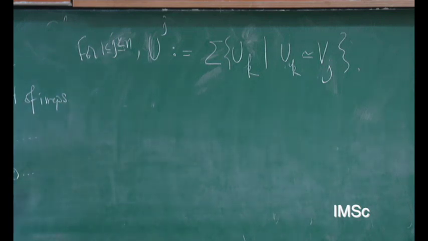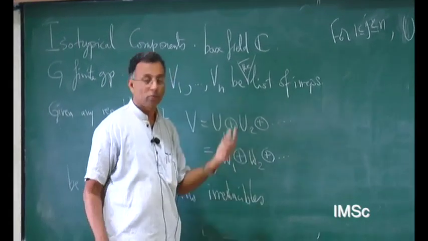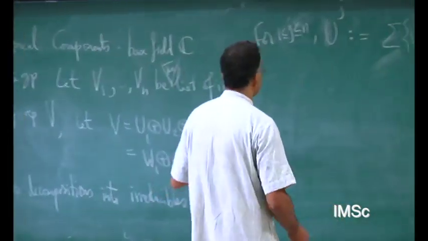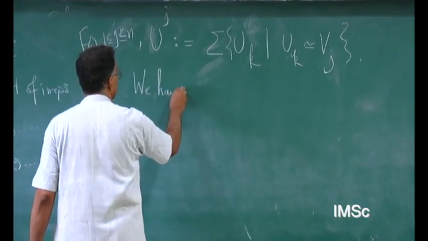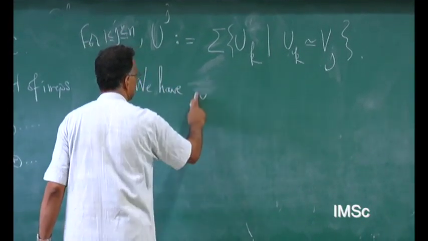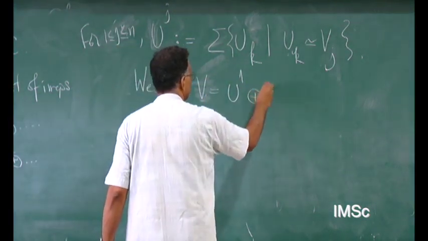So what I am doing, I am looking at all these which are isomorphic to V1. Their sum I am calling U upper 1. Looking at all those that are isomorphic to V2, I call this U upper 2. And so V is equal to, you will agree that this is true, right?